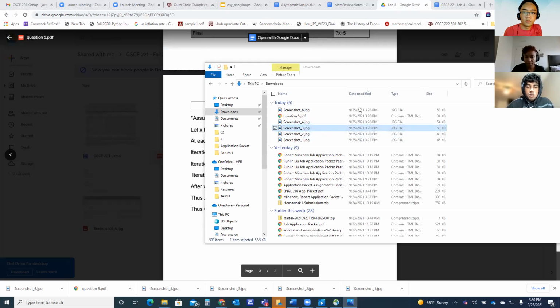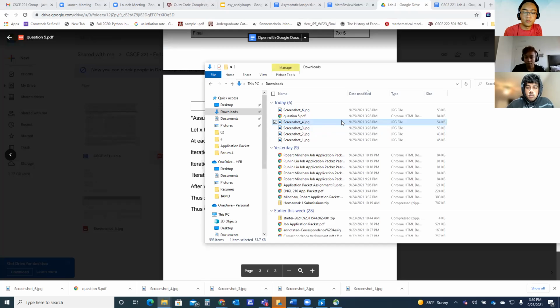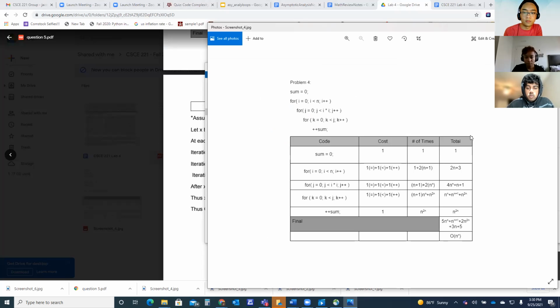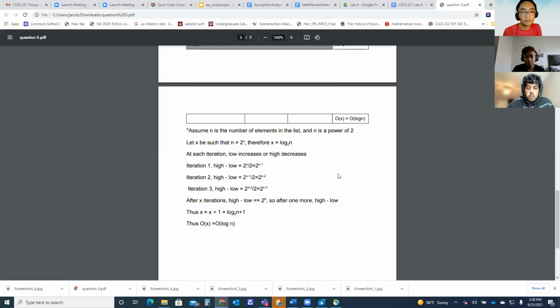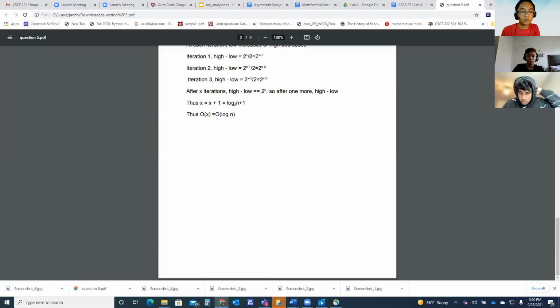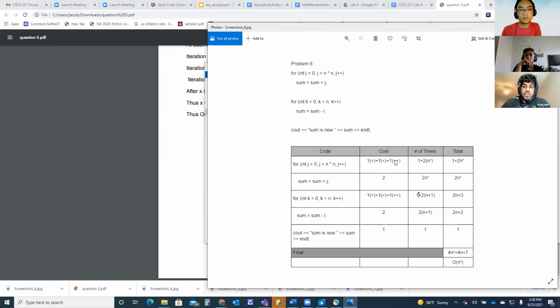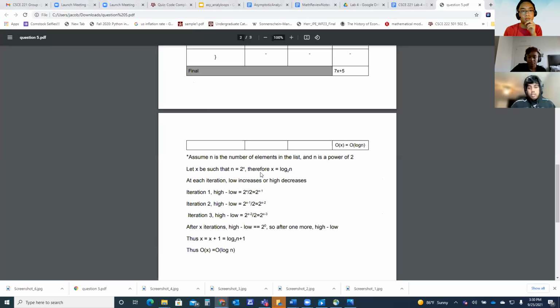Screenshot 3. Looks about right. Screenshot 4. Looks good. Question 5 is this big PDF, which is good. I think we can submit after looking at 6. We triple checked. So if there's any issues with their submission, I'm sure they'll just tell us. So I think we're fine.